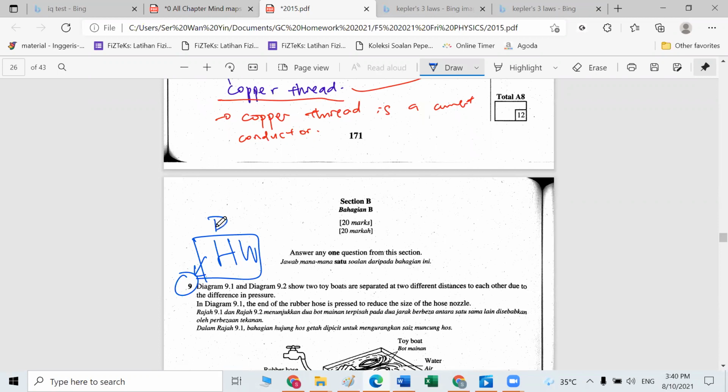Please do it on the test bed. So up to here only, homework 2015 number 9. Any questions? You can stay back now. If no, then you can rest now. Thank you, class. Bye.